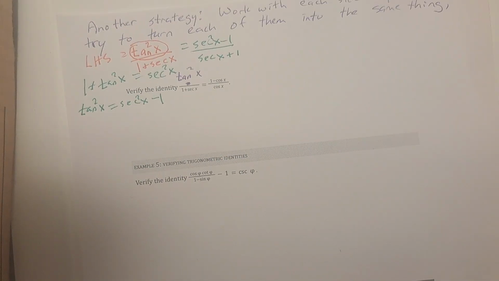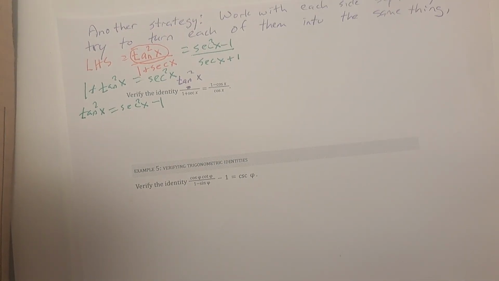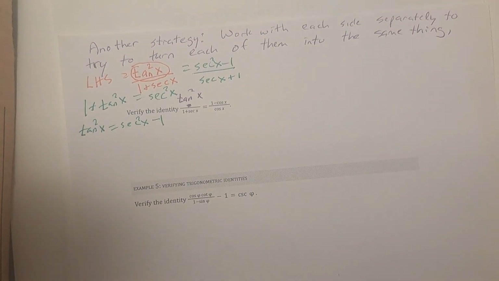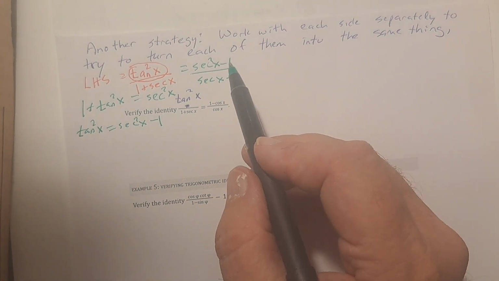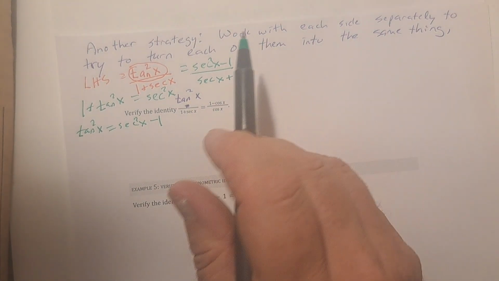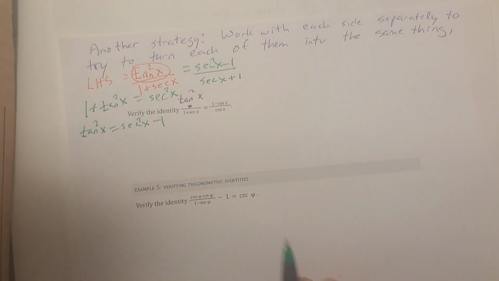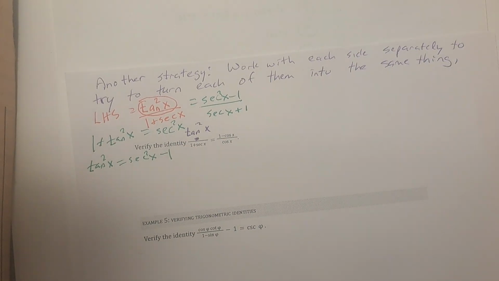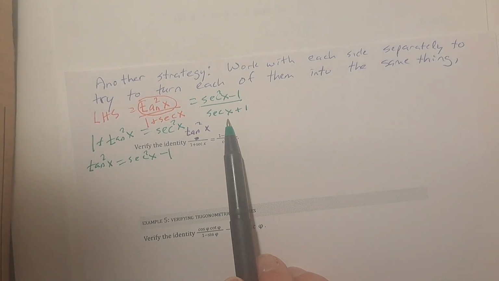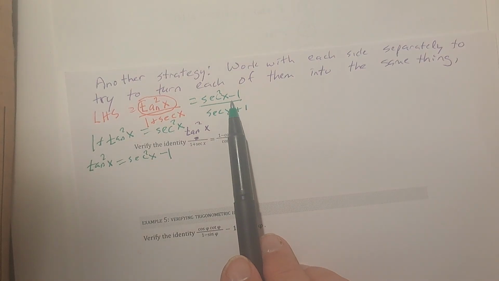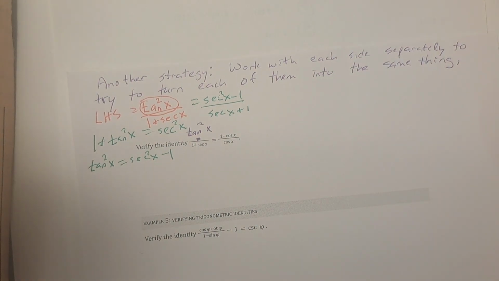Okay, so now that we've decided to use this trig identity, we're going to go back to step 1 again and see if there's something we could do, such as factoring or forming a common denominator. You already have a common denominator, so we're going to try factoring. This says the difference of squares.